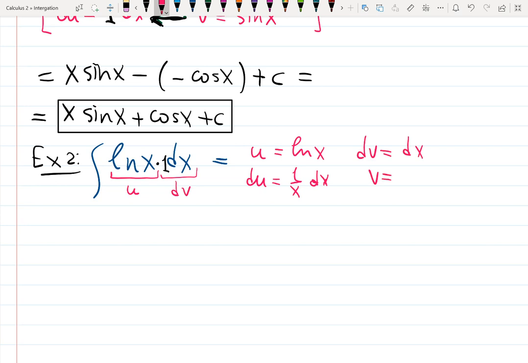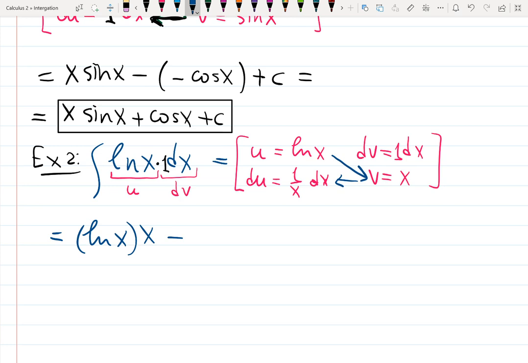What is integral of 1? x, right? x plus c. But we don't really write c. Now, visually, I know that you need to cross multiply the results. u times v becomes natural log of x times x minus the integral of the product of the bottom guys. It's going to be integral of x times 1 over x dx.